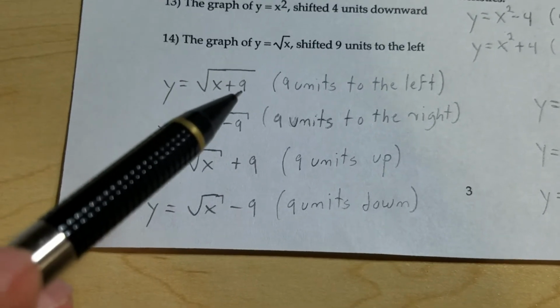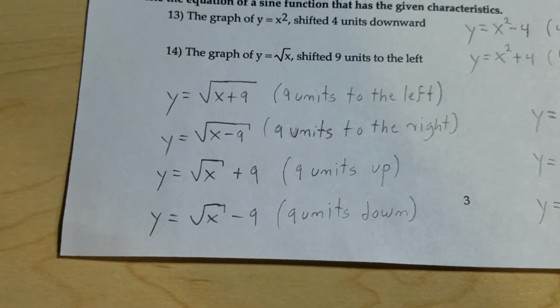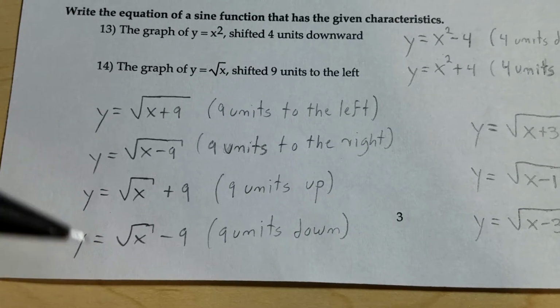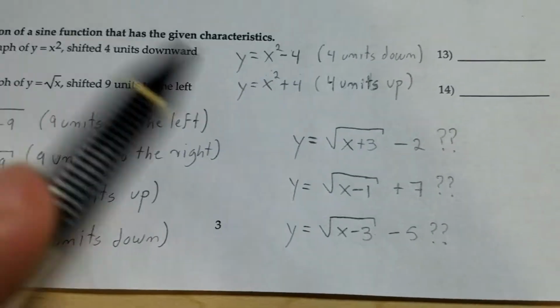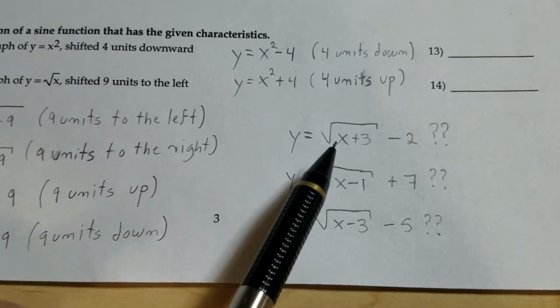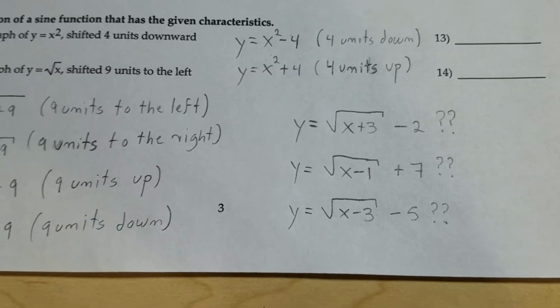Whether you write that number under the radicand or outside of the radicand, it means a lot. Based on these four different options that I gave you here, can you guess? Let's take a look at the first one. x plus 3, and then I have this negative 2 on the outside.